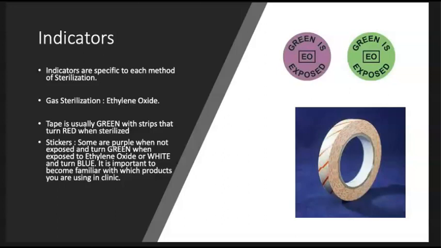Others are white and then turn blue once exposed to ethylene oxide. It is important to become familiar with whichever product you're using in clinic, as it becomes second nature when pulling packs for surgery to look at these indicators to ensure that they're sterile prior to the commencement of surgery.